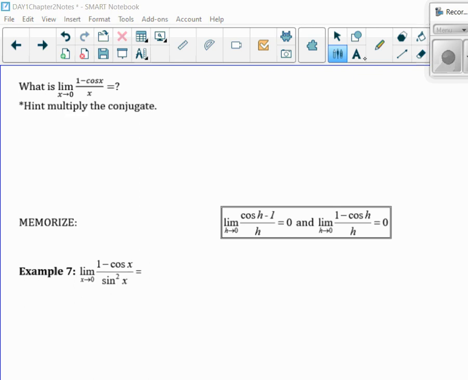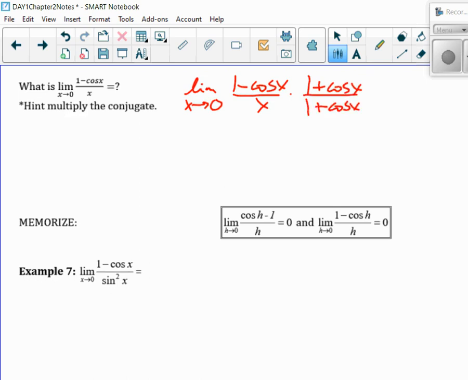Now, I'm going to prove to you what this limit is here, okay? So what I'm going to do here is multiply the conjugate. You guys remember what the conjugate was again? Yes, 1 plus cos x. Okay. 1 plus cos x over 1 plus cos x. So then I'll get the limit as x goes to 0. What do I get on top when I multiply that?